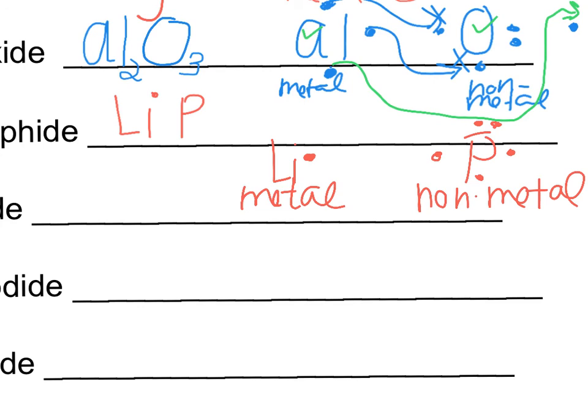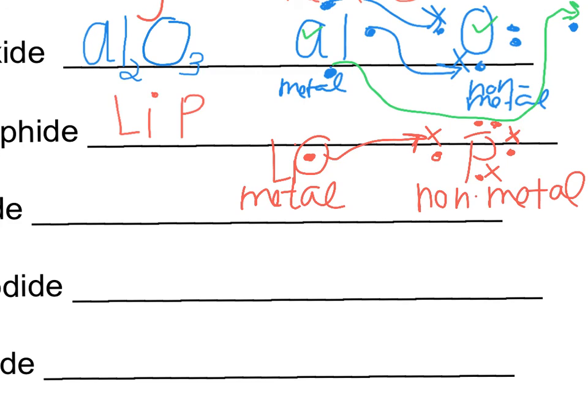Alright, here we've run into something again. How many spots are open in phosphorus in order to make it have a full shell? We have 3 available spots for electrons. We look at lithium. How many does lithium have to give away as a metal? Only 1. So let's give away the 1 first.